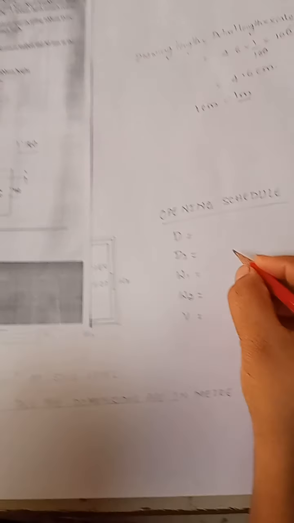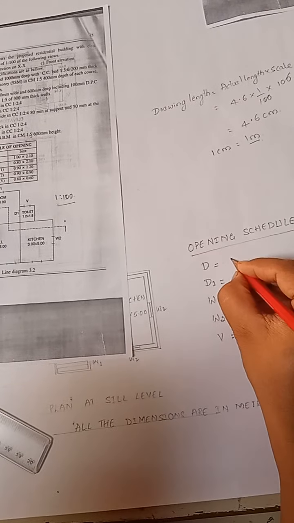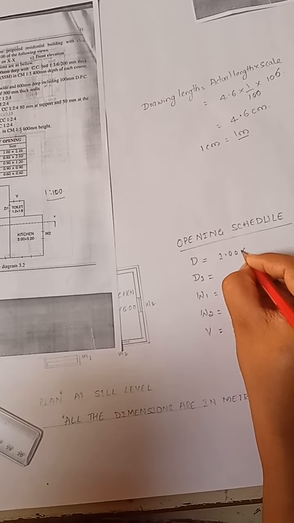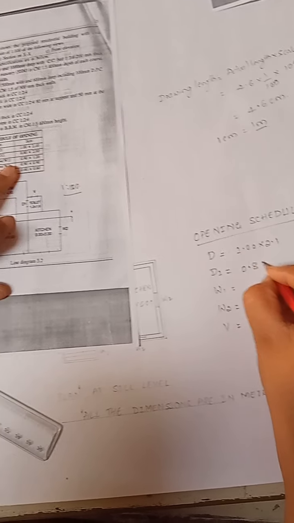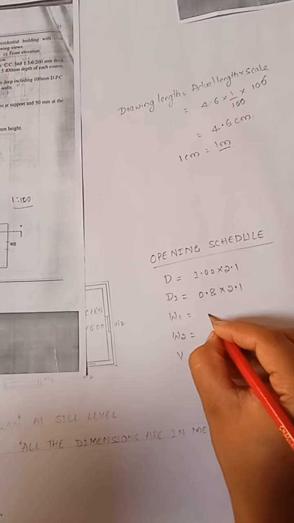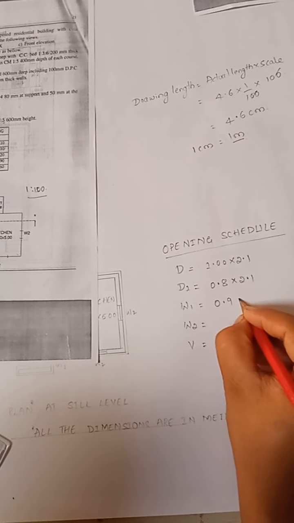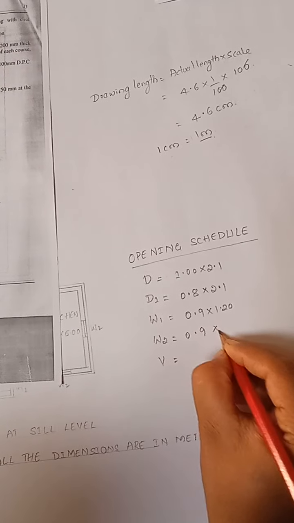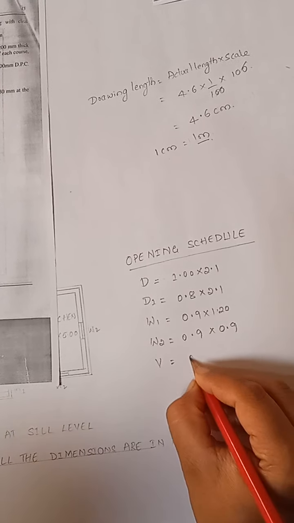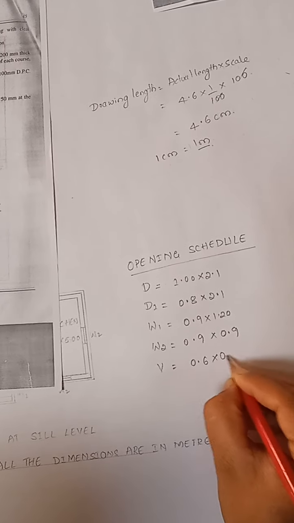So these are the openings. How much is the door size? That is 1 by 2.1 meter, then 0.8 by 2.1 meter, then this is 0.9 by 1.2 meter, and this is 0.9 by 0.9 meter, and the ventilator is 0.6 by 0.6 meter. This is the opening schedule.